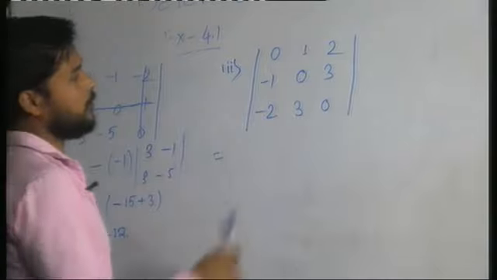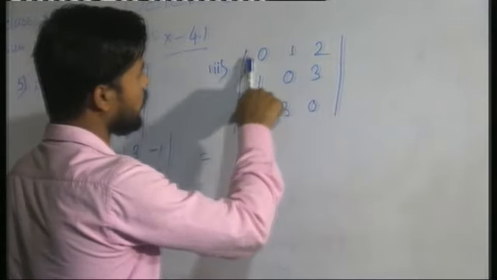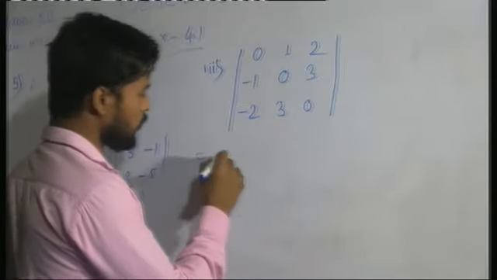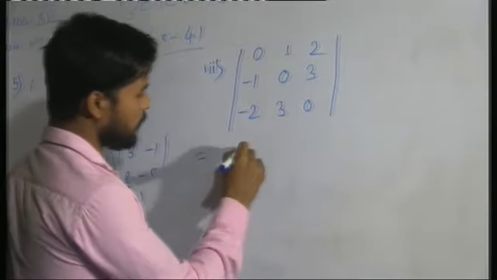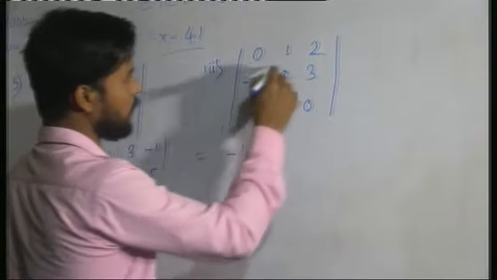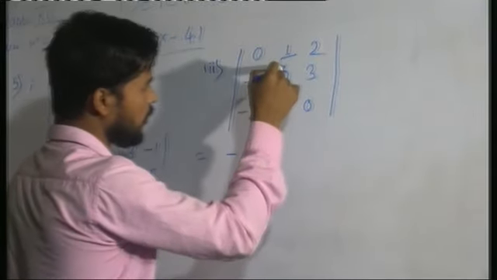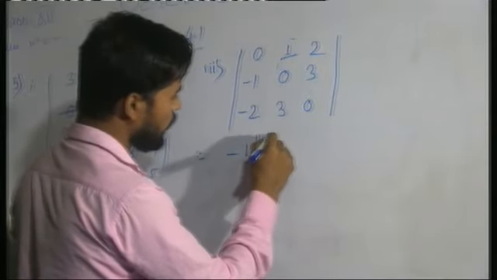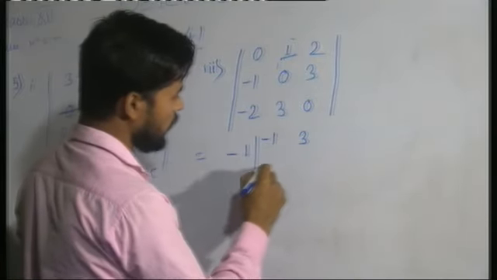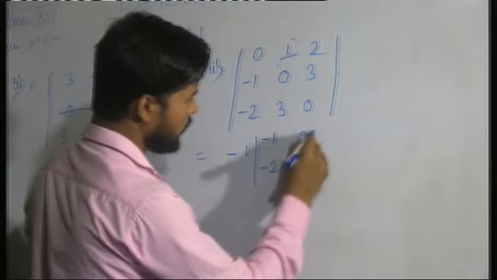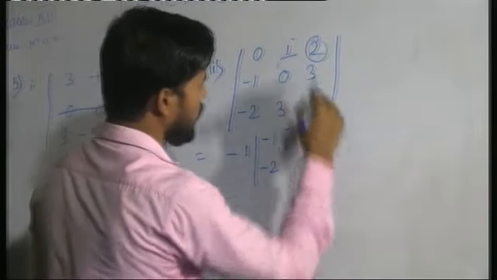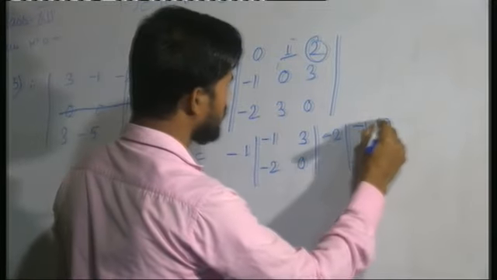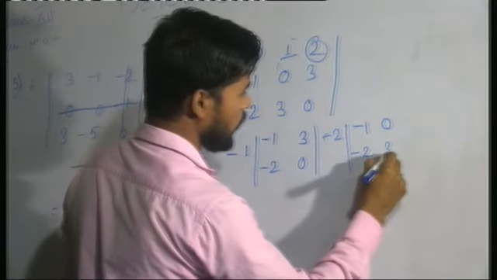If we expand the determinant along the first row, it will be 0 into something, so that is 0. Next sign is -1, and this one. So delete this column and this row. So we have 4 elements, -1, 3, -2 and 0, and then 2 into -1, 0, -2 and 3.